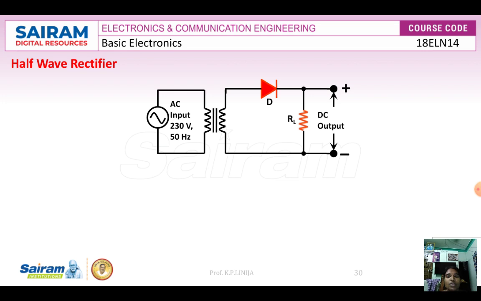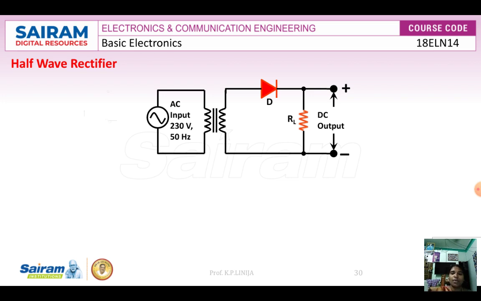In this circuit, we are going to take a DC output across the two ends of the resistor. So what is a rectifier? How do we define it? A rectifier converts the AC voltage into DC voltage. So through the transformer, for this half-wave rectifier, we are giving an AC signal, that is continuously time-varying sinusoidal input, and we are getting the final output, that is called DC output.